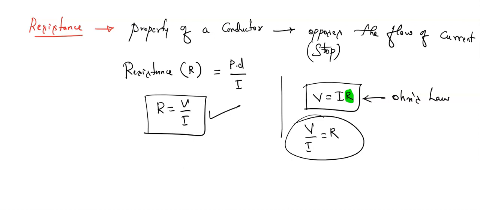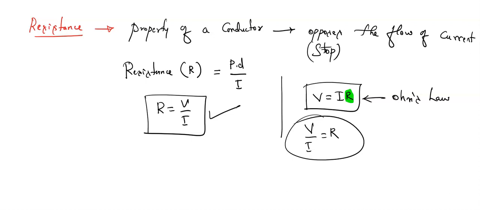Any doubts? If they ask what is resistance, please make a note. Question: what is resistance? Answer: it is a property of a conductor by virtue of which it opposes the flow of current through it.